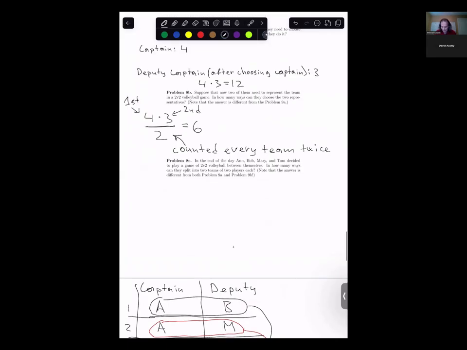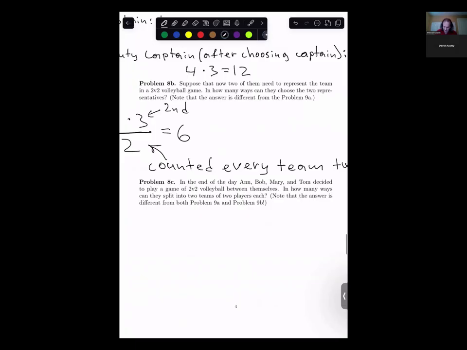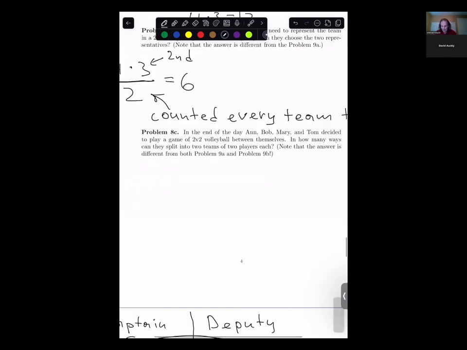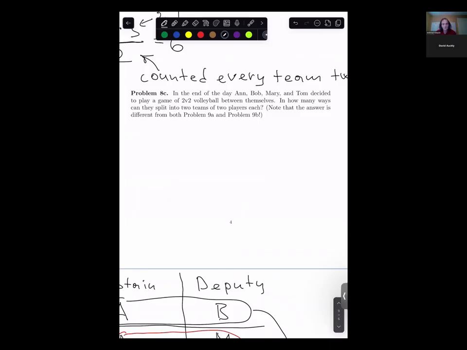Surprisingly, it's again a very similar formulation, similar situation, but it's going to be again a different answer. So let's see what happens. In the end of the day, the same kids decided to play a game of 2v2 volleyball just between themselves, right?